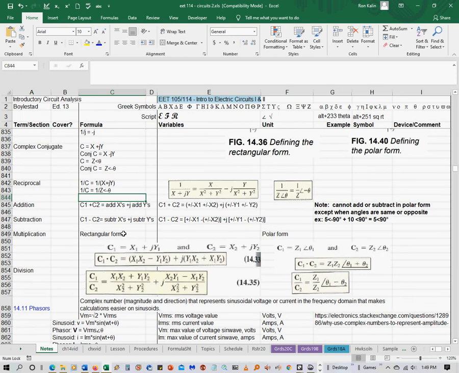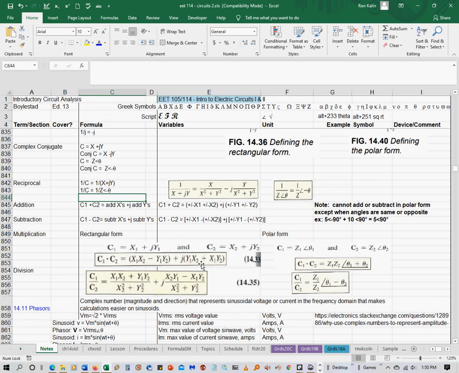Multiplication in rectangular form, which again doesn't lend itself so well. You have to use the FOIL method. So if C1 equaled x1 plus jy1 and C2 equaled x2 plus jy2, then C1 times C2 would be x1 times x2 minus y1 times y2, plus j of x1 times y2 plus y1 times x2.